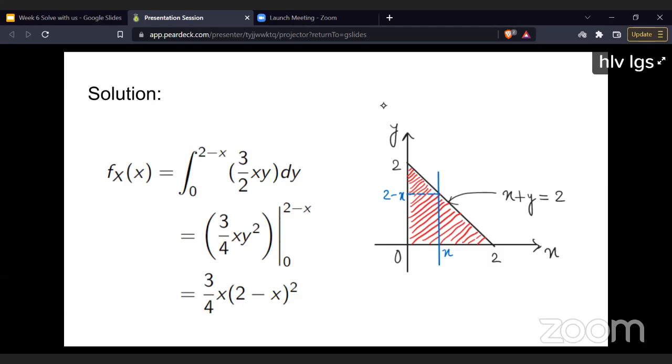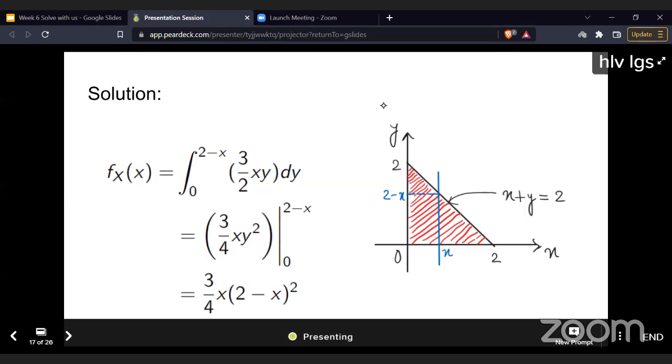Same as what we discussed in the previous problem, exactly the same. Ma'am, because this is 2 minus x, that is why you are taking 0 to 2 minus x. As you said, we have put a line parallel to the y-axis.